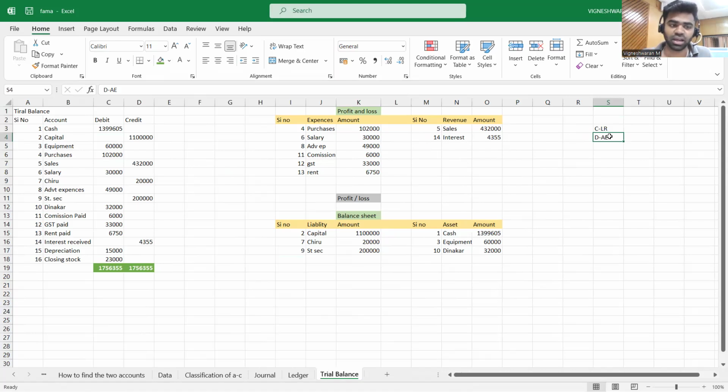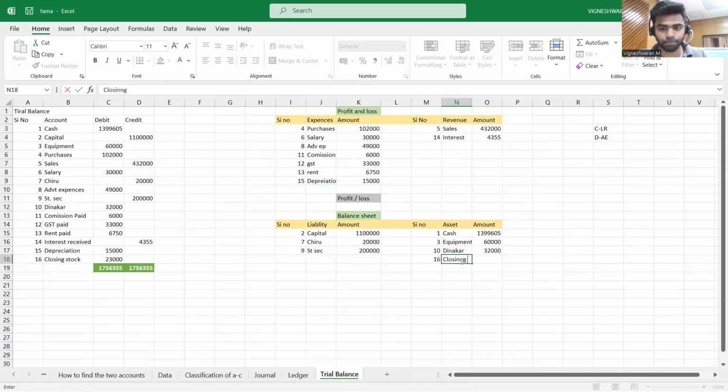It cannot be an asset because depreciation is an expense for us, since it is losing value. Depreciation is 15,000. Then closing stock. Closing stock is an asset because closing stock is inventory. It is 23,000.